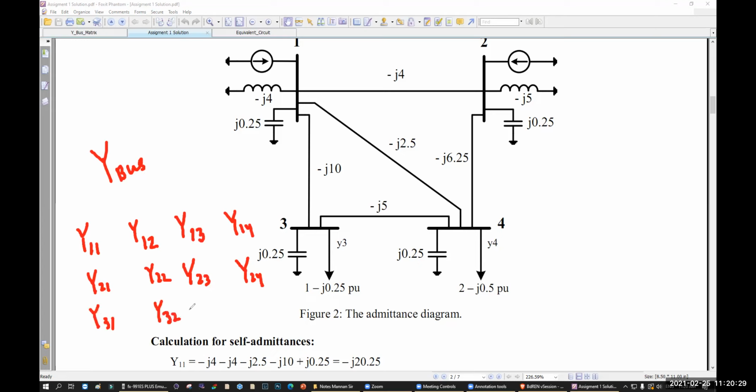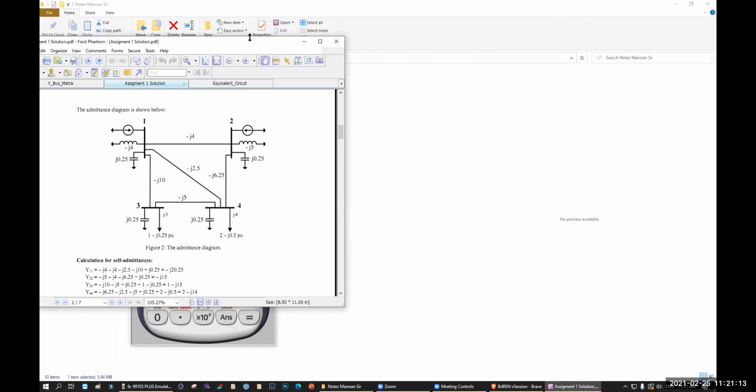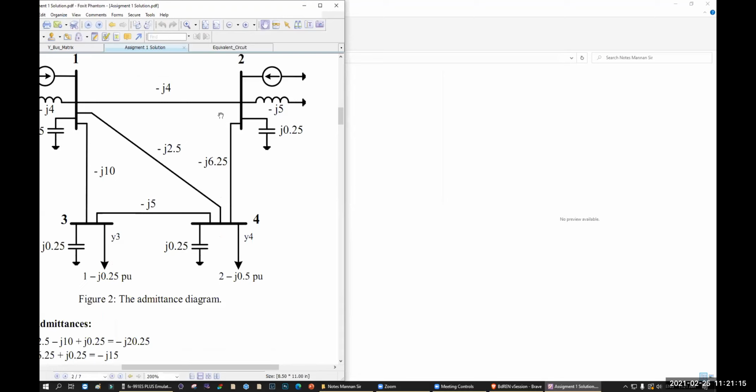Among them, this is self, self, self, and self. All the others are what? Mutual, right? Okay. What is your self now? From here, can anyone find out what the self admittances are? Y11. Okay, let's do it.